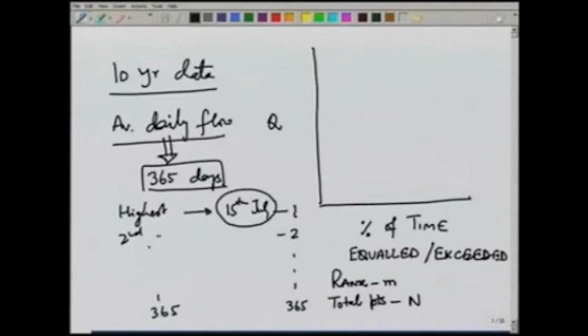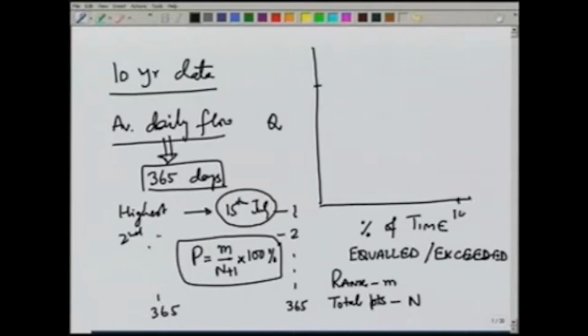So, we say that the percent P for any given discharge, the percentage of time it is equaled or exceeded, is given by this plotting position m over n plus 1 into 100%. So, in this way we can find out a certain discharge versus its percent and get the flow duration curve, which would look like this.